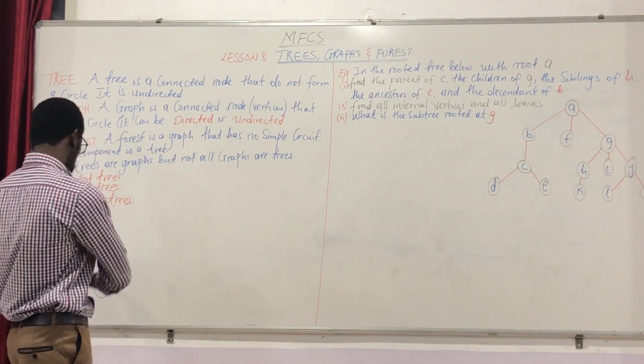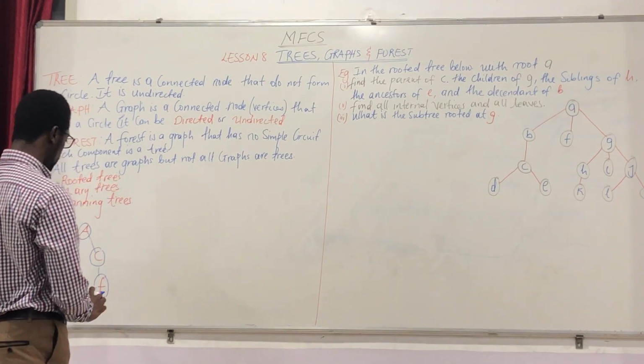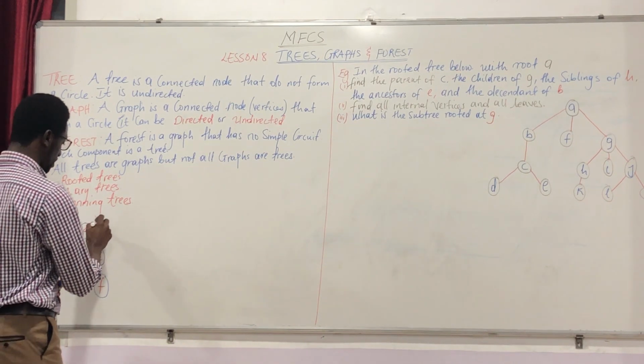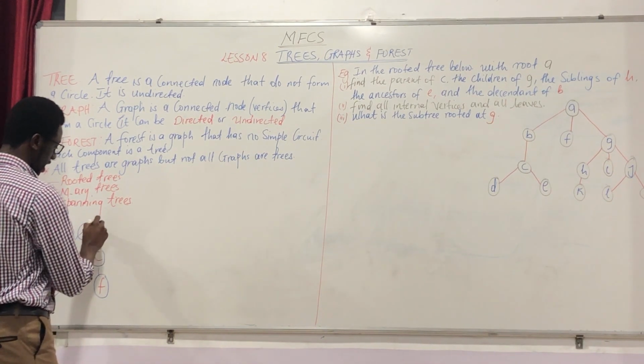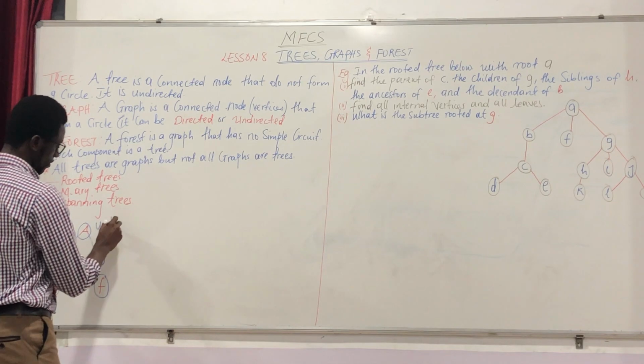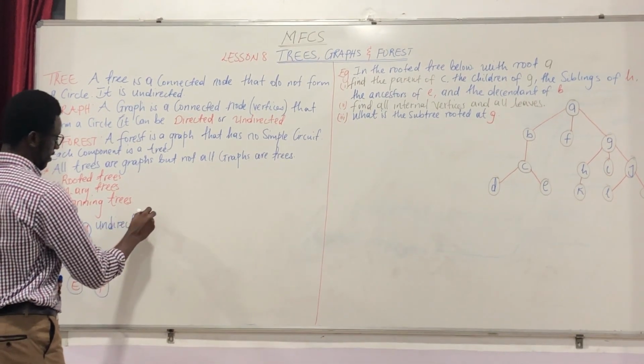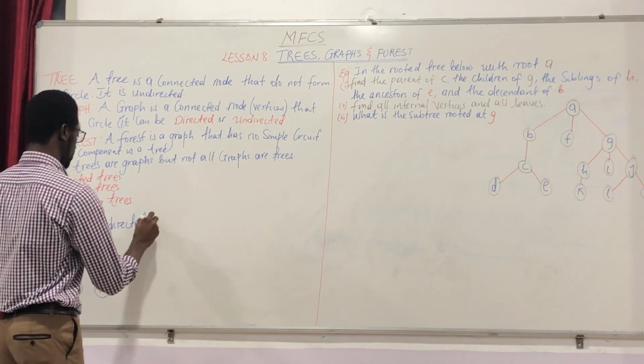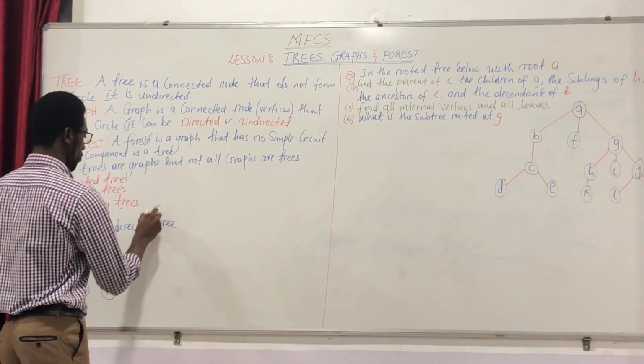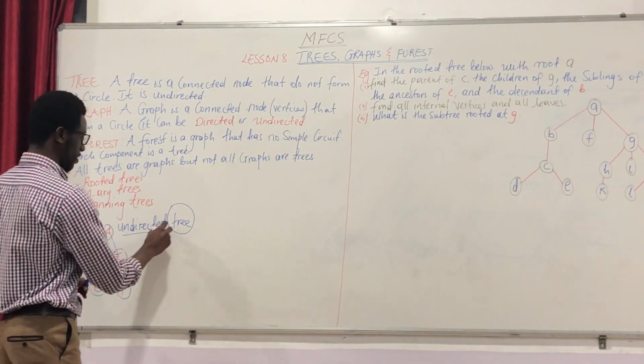No circle is formed within this graph. So this one is a tree. Therefore, you can say it's an undirected tree, because all trees are undirected.